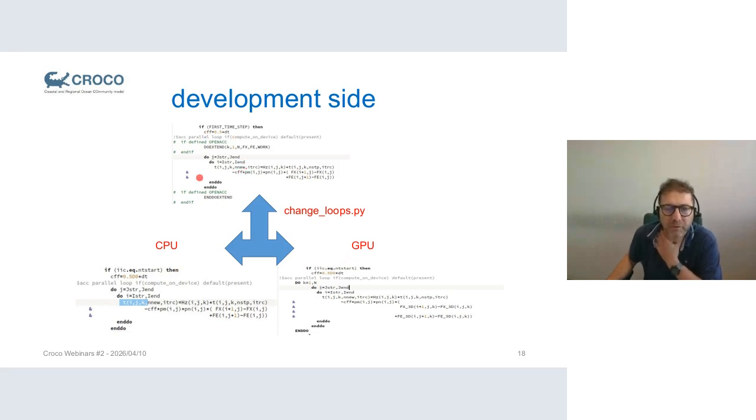The problem with that code is that the 2D variables fx and fe don't parallelize very well, because there is a race condition when you do vertical parallelization. So what change loop does is transform the 2D array into a 3D array. And then you have nice performance.